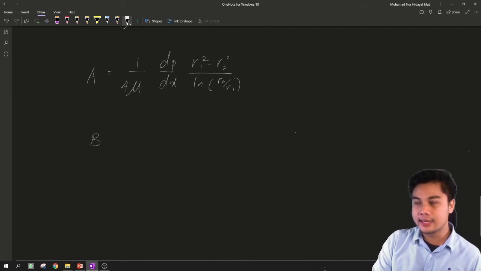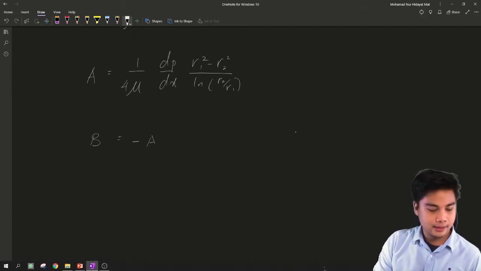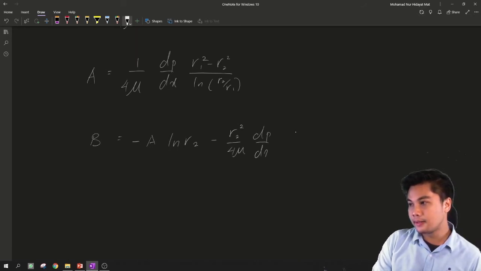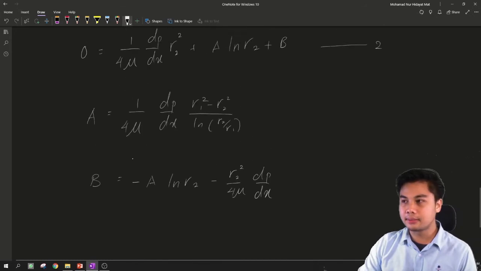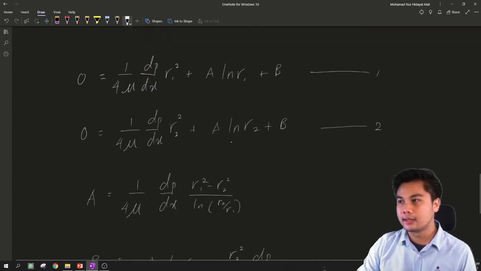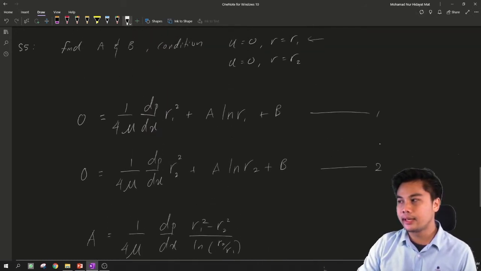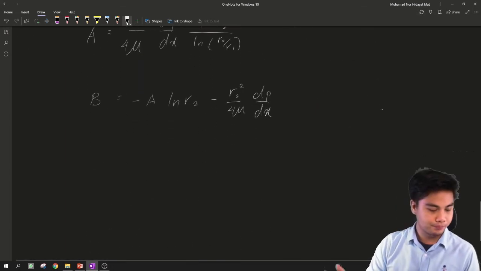And b equals negative a ln r2 minus r2 squared over 4 mu dp over dx. This is by solving a and equations 1 and 2.